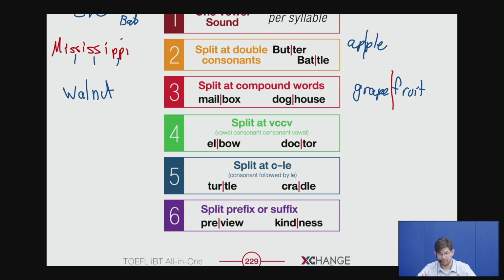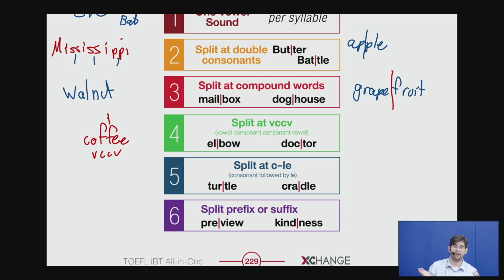So just a few more examples like this that you probably have seen in your life of words. Our first one is coffee. Coffee actually follows this perfectly. It goes vowel, consonant, consonant, vowel. And coffee is a 2-syllable word, and it splits at that double F, coffee. So this is also a double F and a VCCV word.